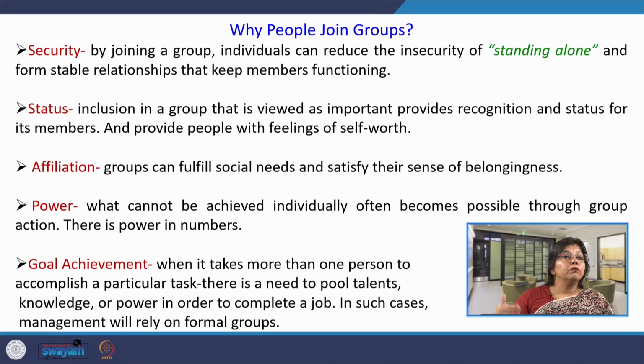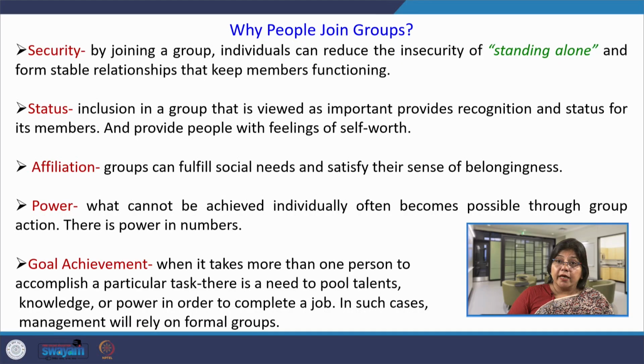Affiliation. In order to fulfill the social needs and satisfy the sense of belongingness, any individual would prefer to join any group, because there is a sense of affiliation, there is a sense of maintaining satisfying relationships and security.